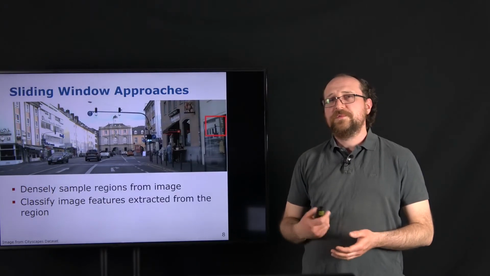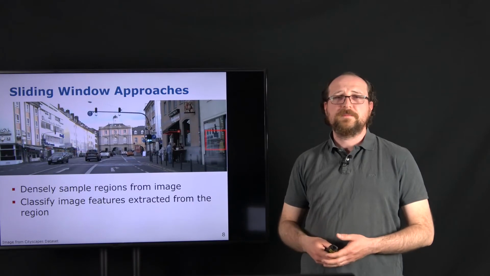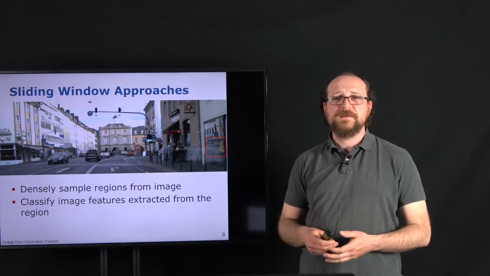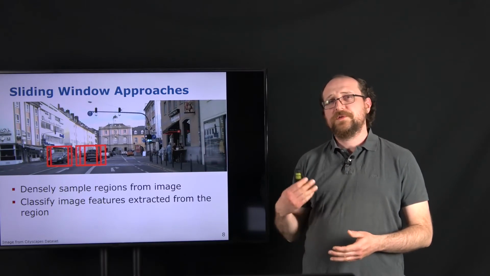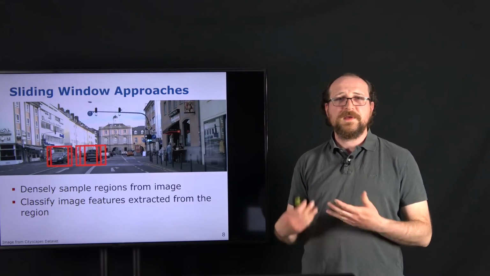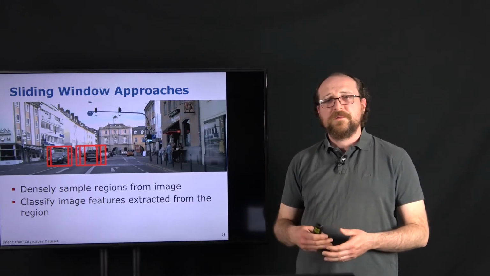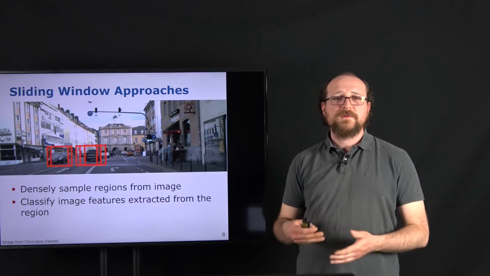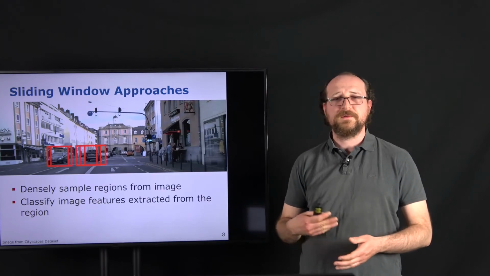And how do we extract basically this region? For this, the sliding window approach. We are just sliding the window, extracting a region from each window, and for each of these regions, we are then applying our classifier. This is the standard approach of doing object detection. So we are just extracting regions densely over the whole image and then classifying each of these regions.